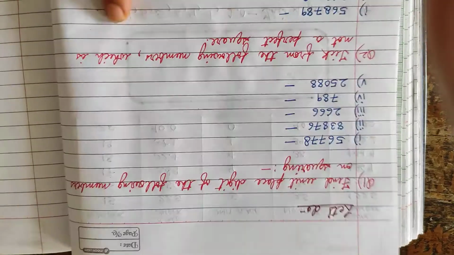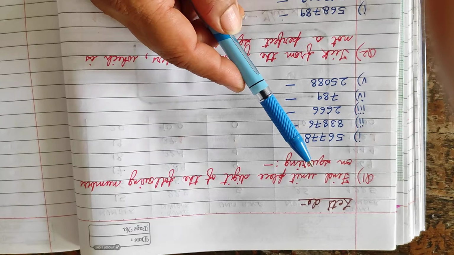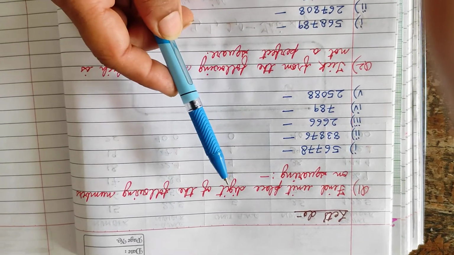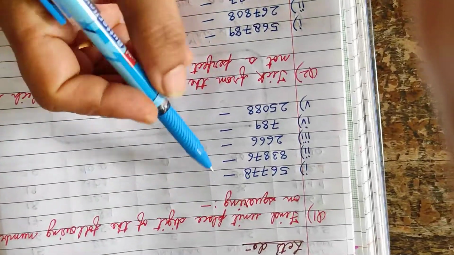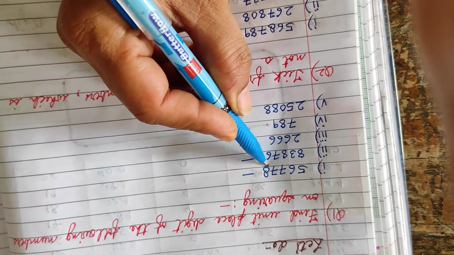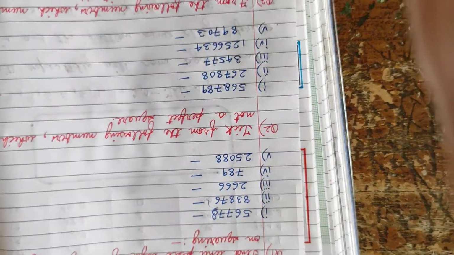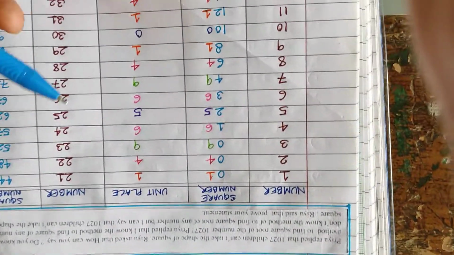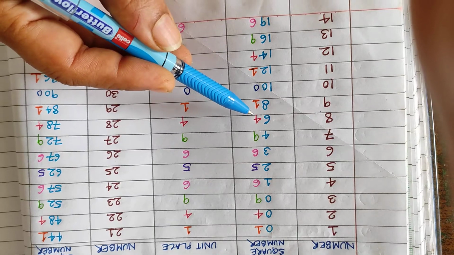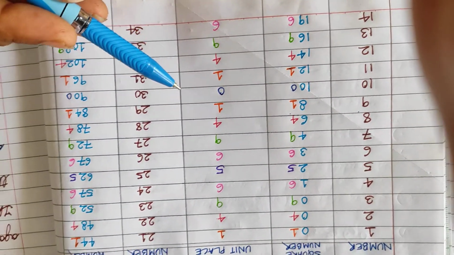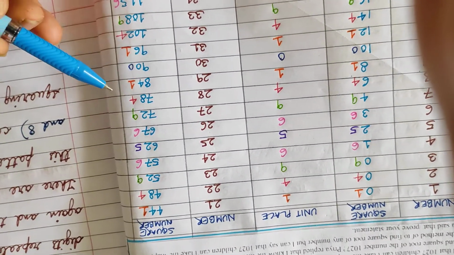Okay, we'll be doing the questions. First question is, find the unit place digit of the following numbers on squaring. So here unit place is 8. We can easily search from the table, beta, that when 8 is there at the unit place, what is the unit place of the square number? 4. Like here also, beta, 8, 4.